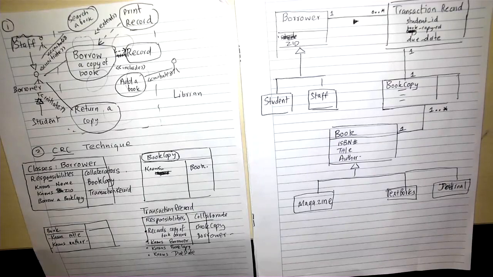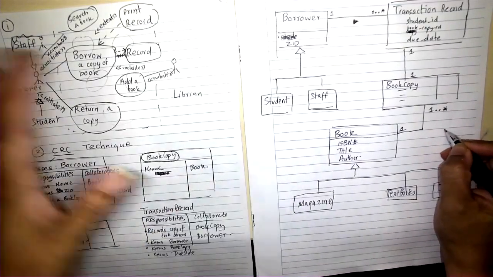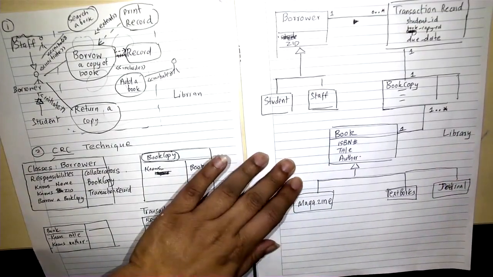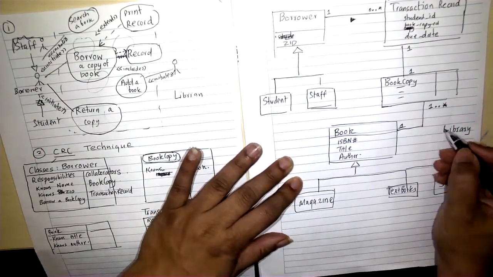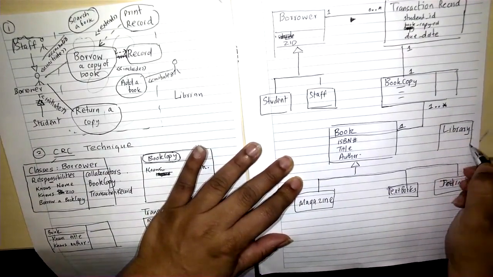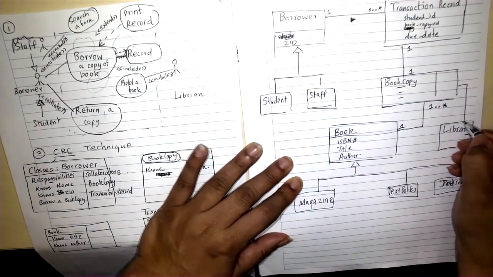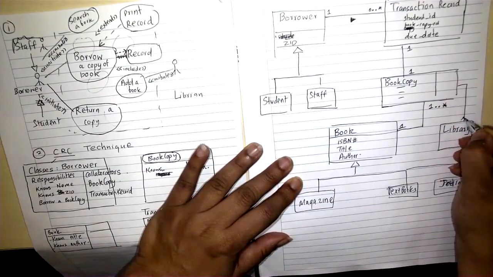This gets further refined in the class diagram. So for example, let's say you had a class called library, and the library is made up of books. So I draw the triangle here.